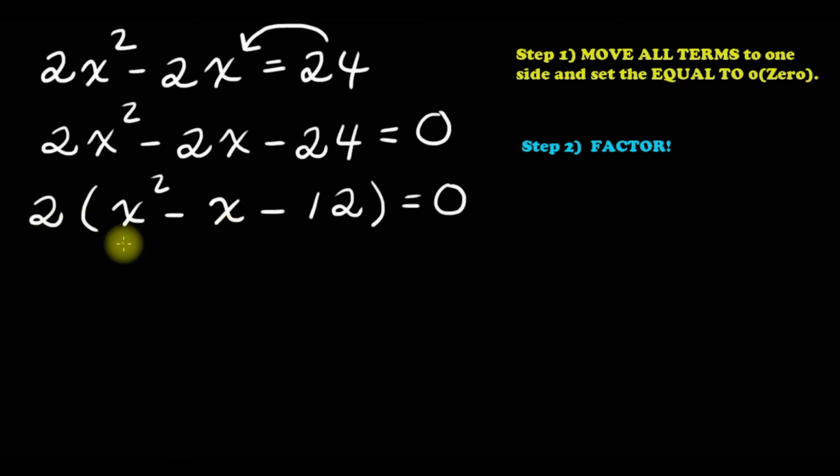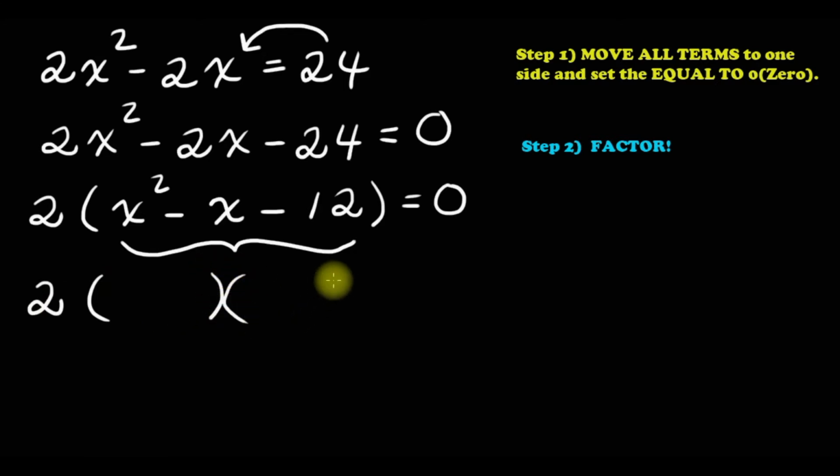And now we're going to have to factor this trinomial into 2 binomials. Let's try this out. What do you need to multiply to get x squared here? You're going to need an x times an x, because x times x is x squared.